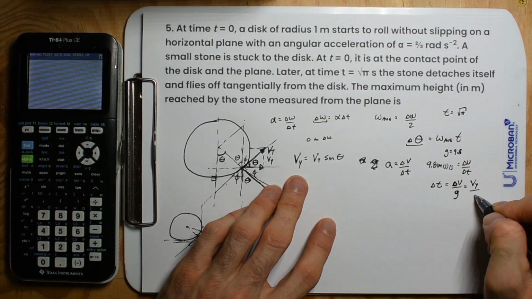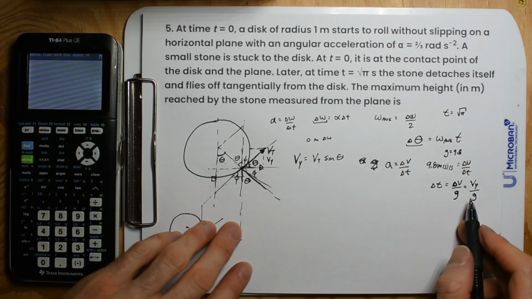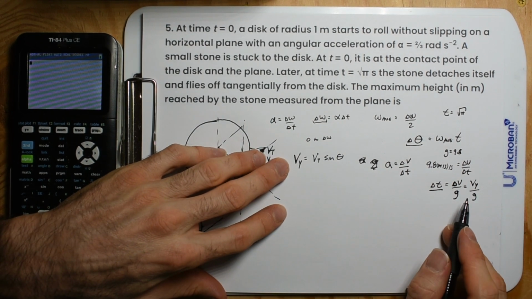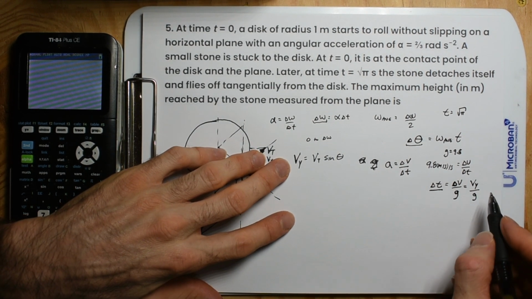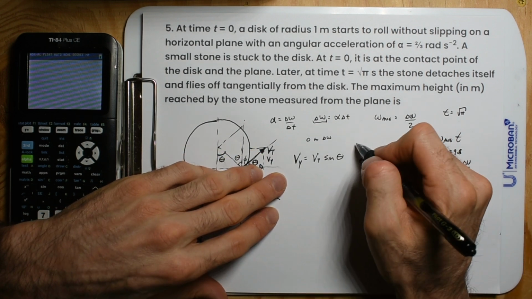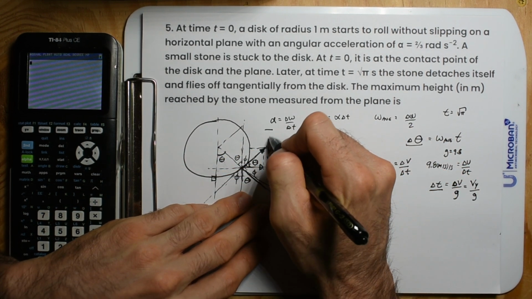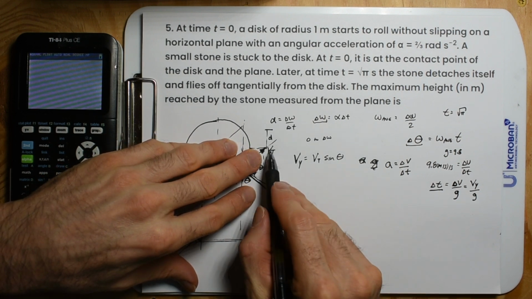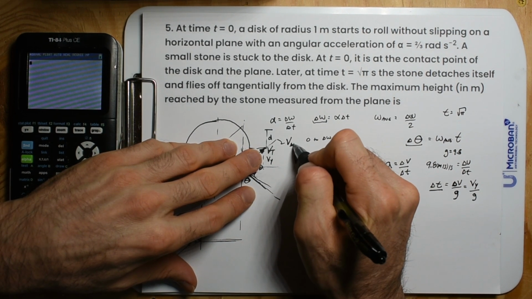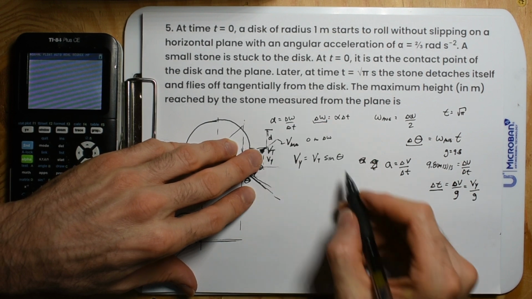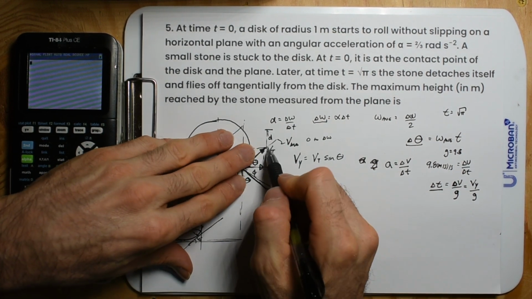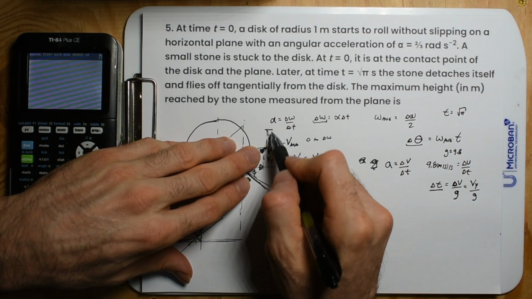So we have change in time is Vy divided by G. And then once we get that change in time, we can figure out the distance, because we know our average velocity. Our average velocity for that distance is going to be Vy, I mean, we went from Vy, that's our max upward velocity, to 0.